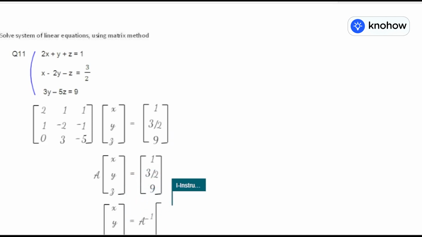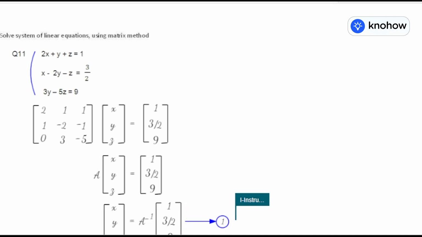Remember, pre-multiply: A inverse should be on the left. That is very important. A inverse times 1, 3 by 2, 9. Call it 1, and now it is just a matter of finding A inverse and replacing here.